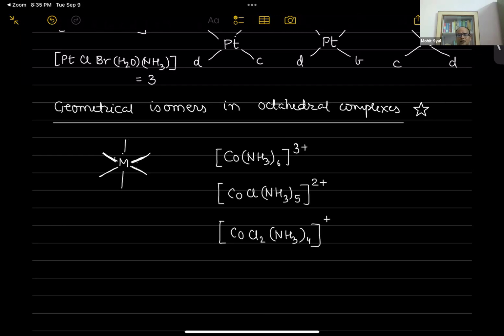So I am showing three octahedral complexes of cobalt. The first one has all six ligands the same. It is a homoleptic complex. So how many geometrical isomers will be there for the first one?